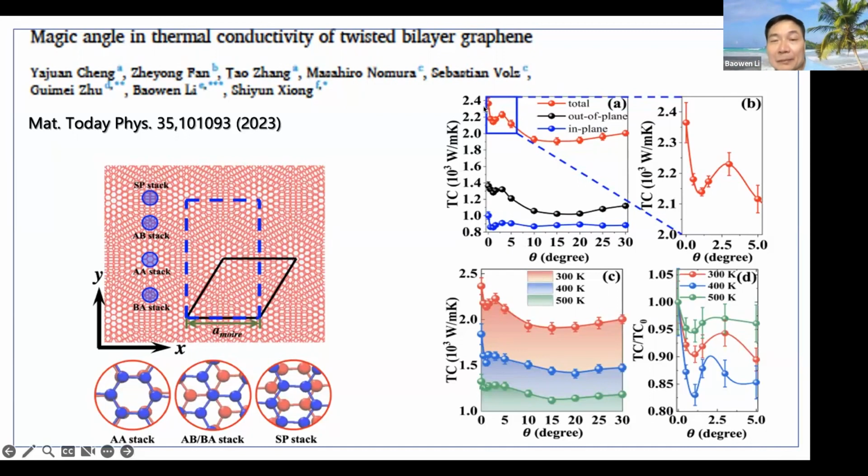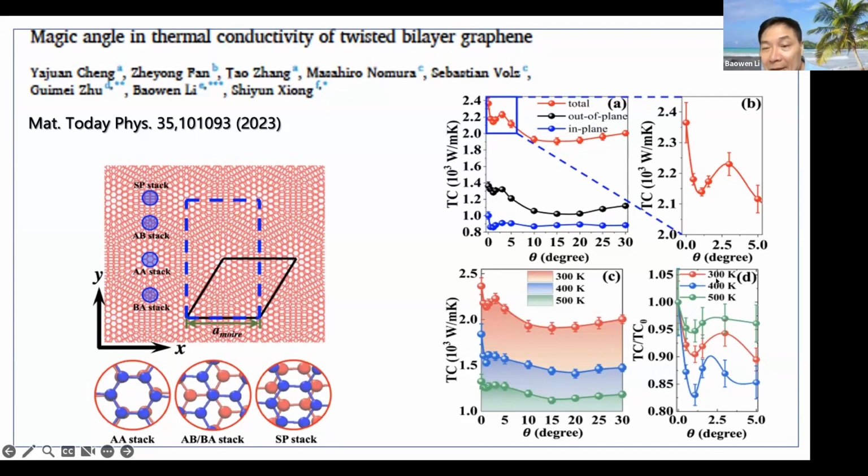Overall, people observe the thermal conductivity going down when you increase the twist angle. And then at 1.08 degrees, you have a very big, deep drop. The thermal conductivity drops by around 400 watts per meter per Kelvin, which is measurable experimentally.